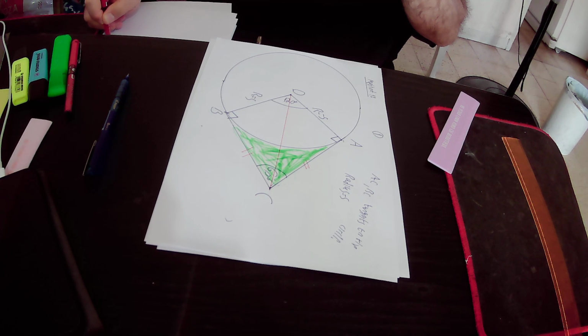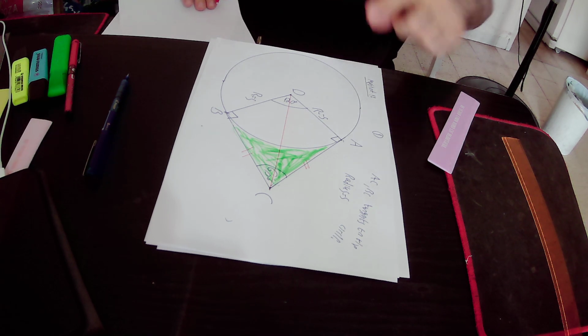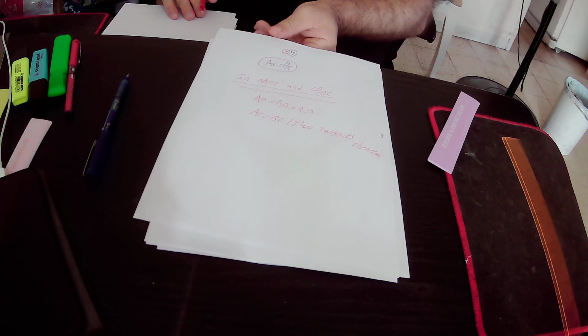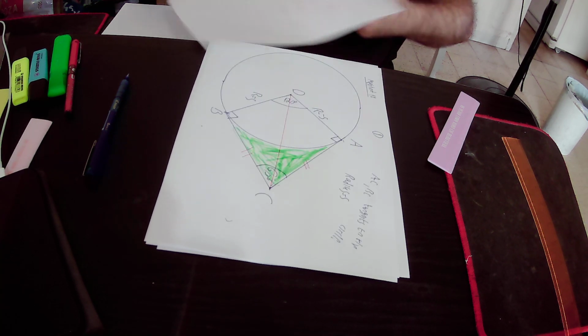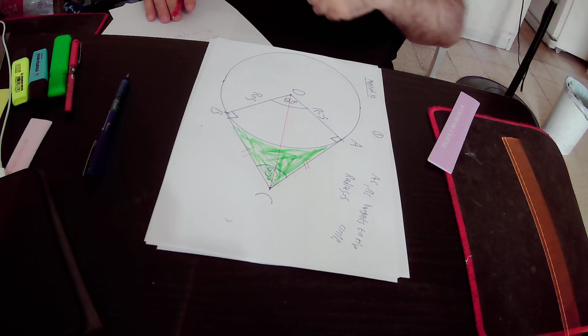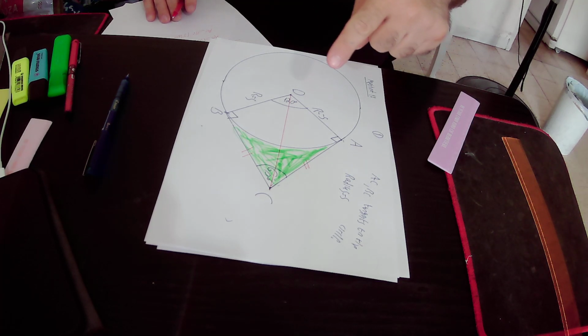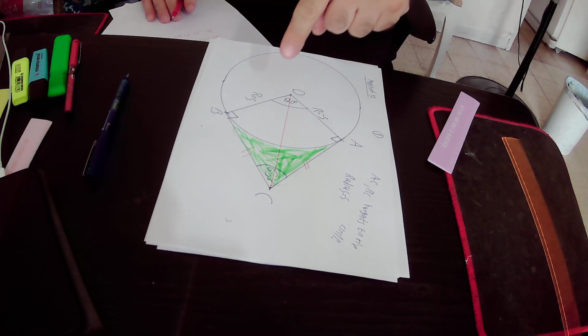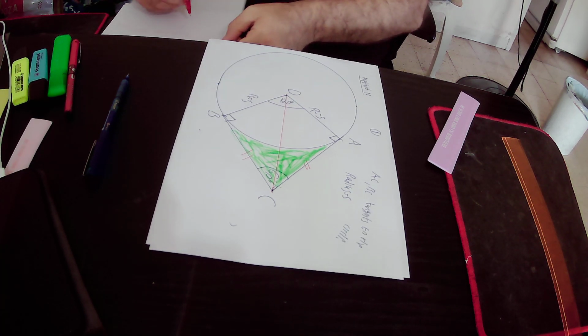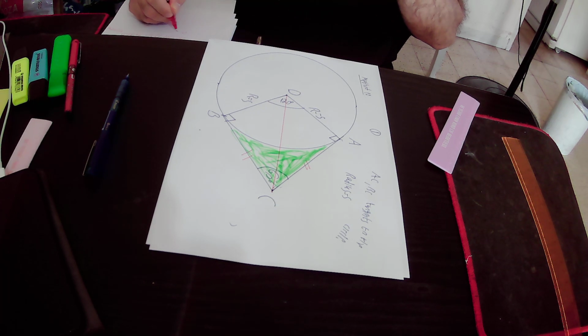And OC is a common side. It belongs both to triangle AOC and to triangle BOC. So OC equals OC. It is actually a common side, it belongs to both triangles.